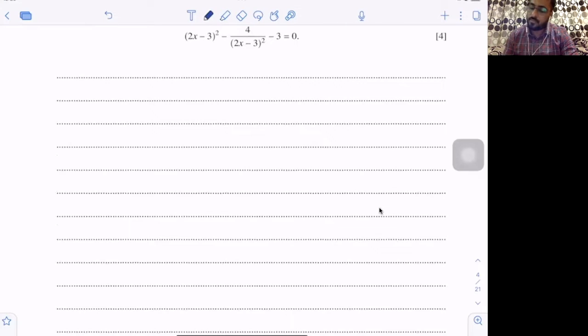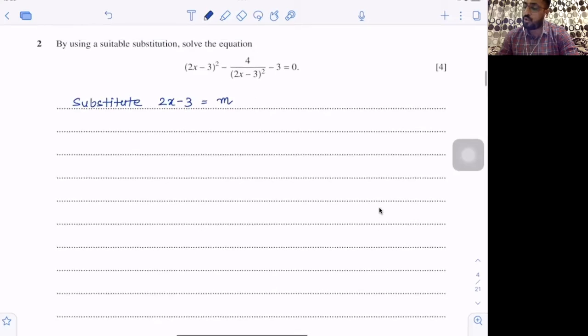So students, I'll write here substitute 2x minus 3, whatever substitution you want, you can make use of it, students. So I'm going to write 2x minus 3. Let's say I write it as m. For some time, I'm going to call 2x minus 3 as m. So if I call the original equation as equation 1, so what does equation 1 become?